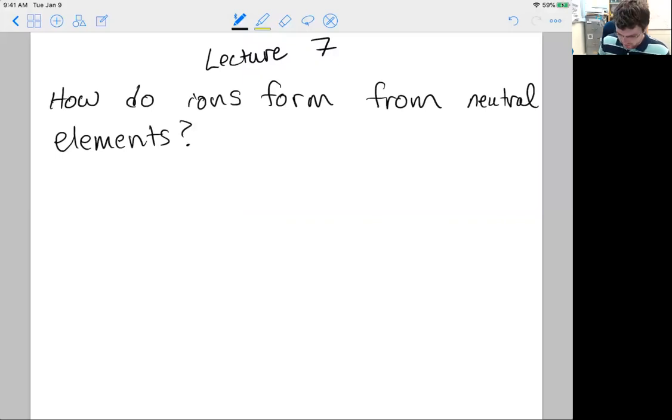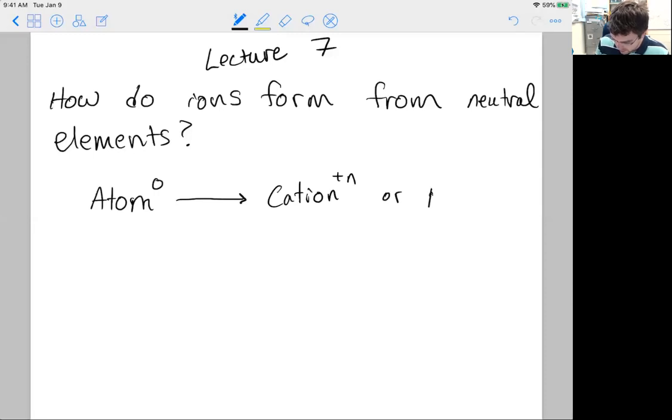Okay, that is, we have some atom, put the charge in the upper right-hand corner here. So we have some atom with a 0 charge, and we're going to introduce our chemical reaction arrow showing that it goes to a cation with a plus N charge, or an anion with a minus N charge.